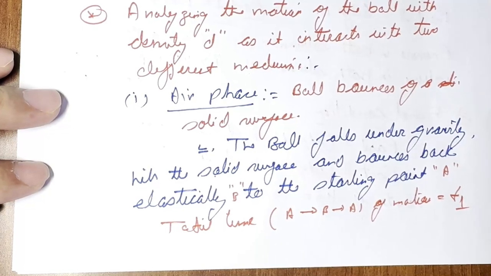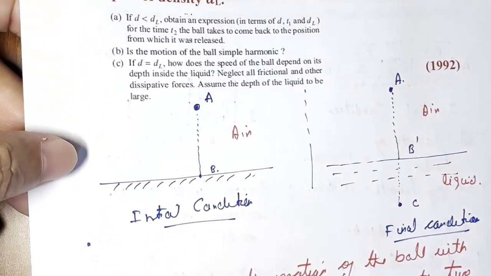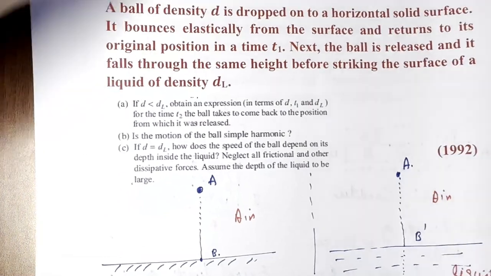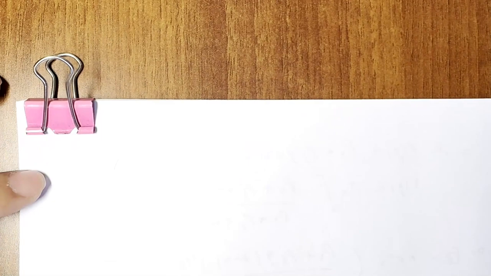That is given in the question itself. This is for the air phase, and now we can find out the interaction with the liquid, or we can say the liquid phase.